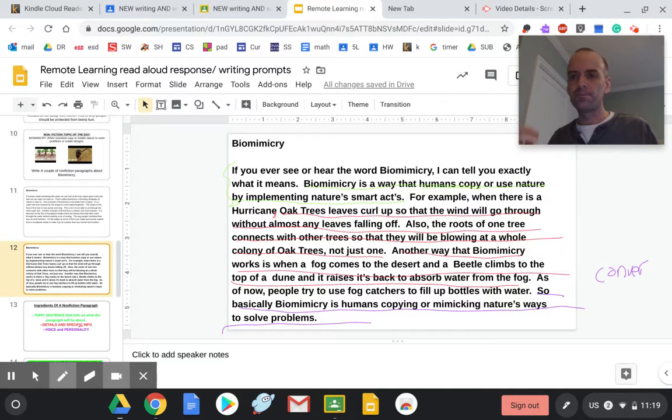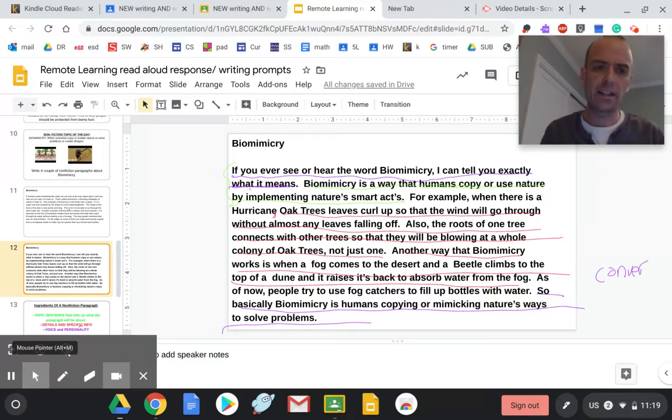They go from academic fancy speak to kind of who they are. And up here too, I think is a little bit of voice. If you ever see or hear the word biomimicry, I can tell you exactly what it means. So this is a beautiful paragraph because it has a topic sentence, it has a lot of information, and it has a little bit of voice and personality to it. Beautiful.